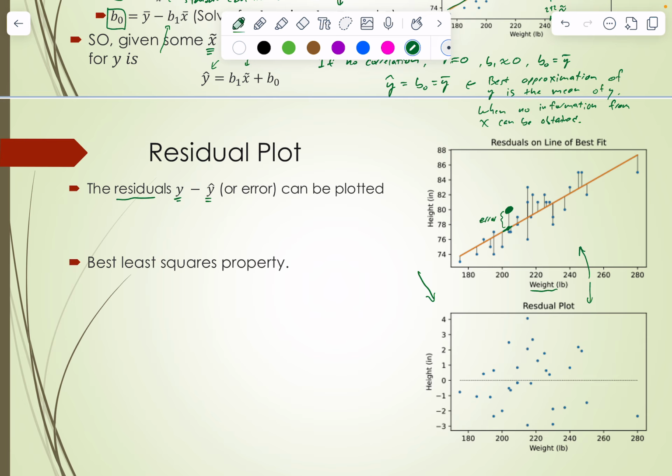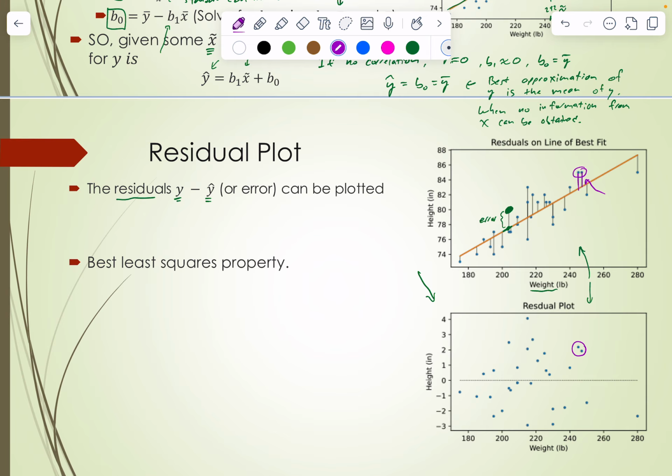But you may be convinced. So these two points here, for instance, correspond to these two points. The reason one is lower than the other is because since my line is sloped, the difference between this line and this line is smaller.